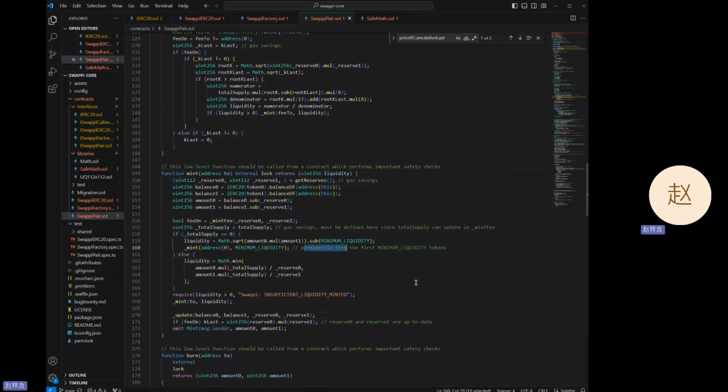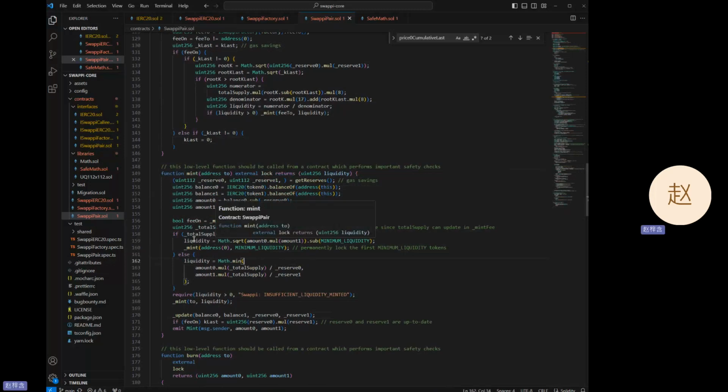Just make sure the pair has some liquidity. And if there is liquidity inside the pair, the two tokens have some price initially.